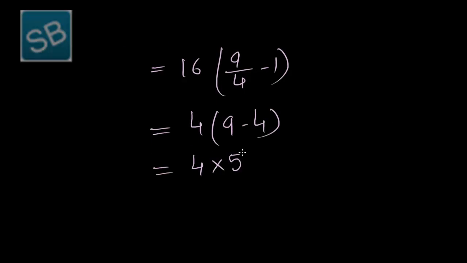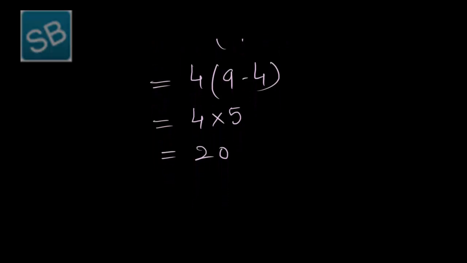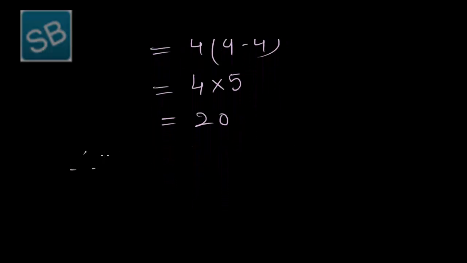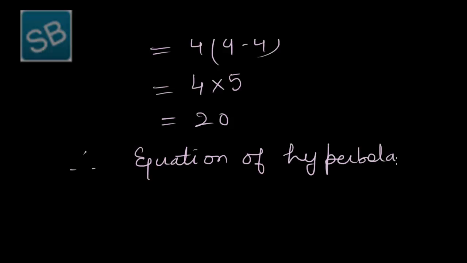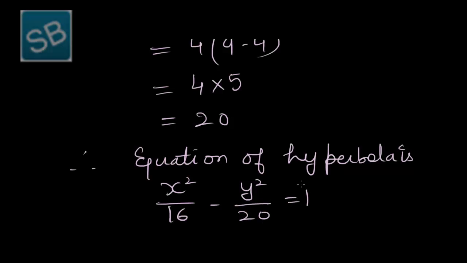So we get 4 into 5, that is equal to 20. So we get the value of b square as 20. Therefore the equation of the hyperbola is x square over 16 minus y square over 20 is equal to 1, which is the standard equation of the hyperbola.